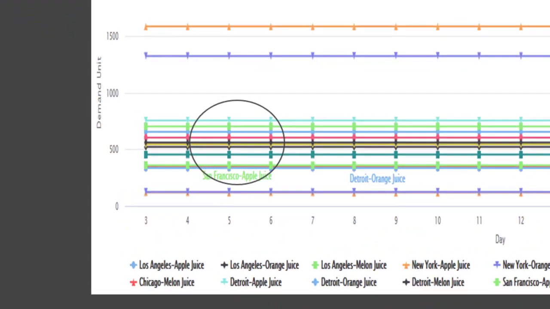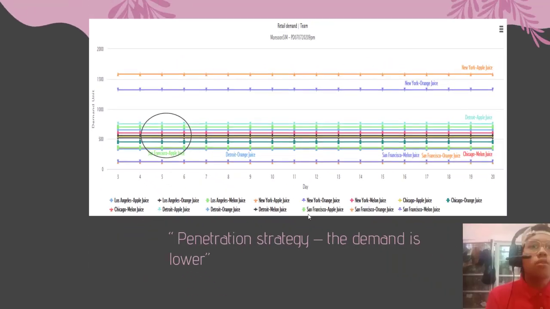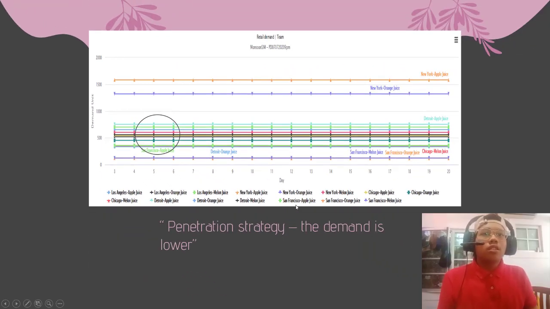You can see in this picture that at the very beginning of the game, the demand forecast graph is low. Besides, we use this strategy because we want to increase our market share, also allowing it to generate a higher profit percentage.